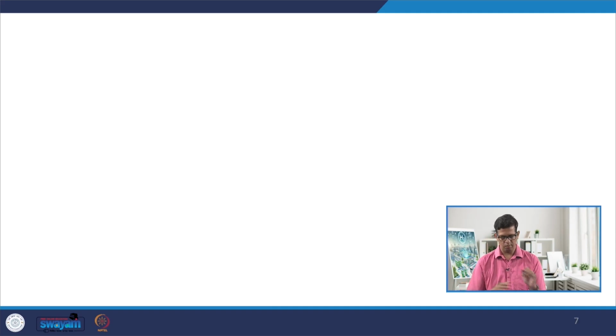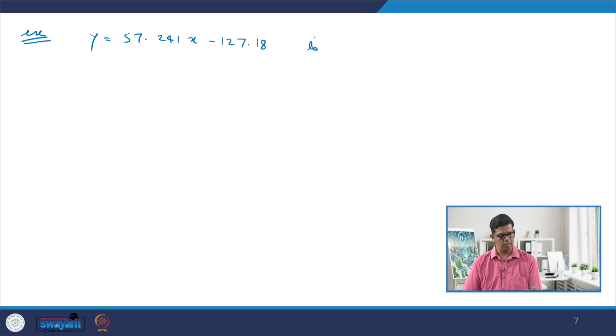Let us go ahead and solve one more simple numerical. Now, in this case, the line equation is straight away given, 57.241 x minus 127.18. So, let us find out the exchange current.